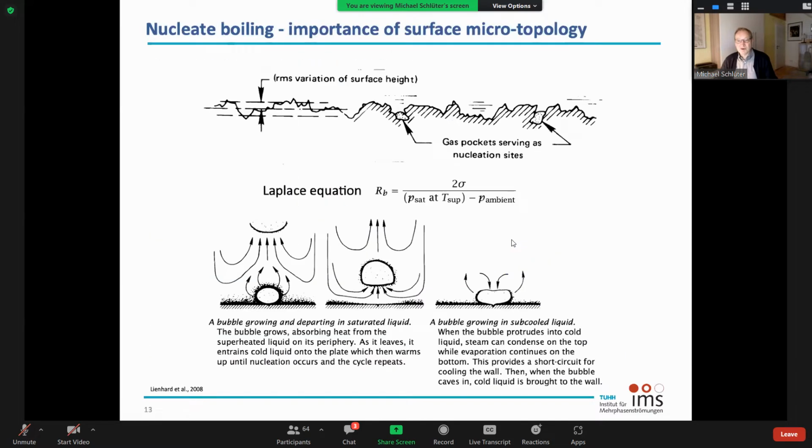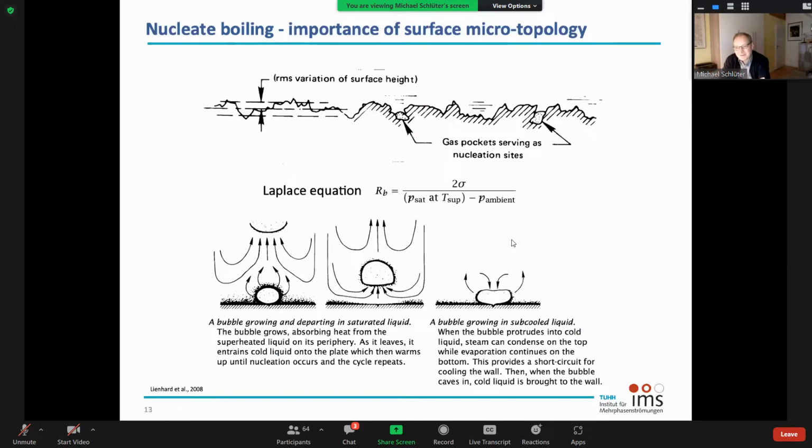Okay, so what's going on now? If we look at the microscopic view of our situation, what's going on? Why do we have this strong increase in the heat transfer performance, and how are the bubbles formed on our surfaces?